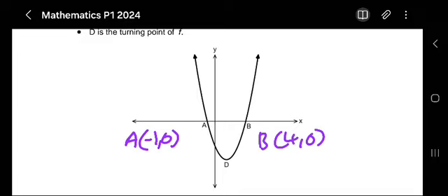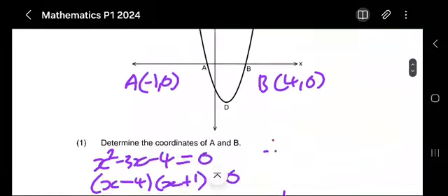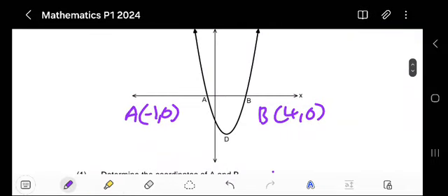We must check from our turning point where the graph is decreasing. From here going upwards, the graph is increasing. Let's say you have a roller coaster. The roller coaster will move like this, decrease and decrease and decrease. When it reaches that point, it will go upwards.